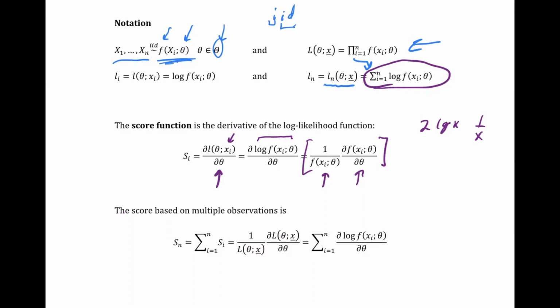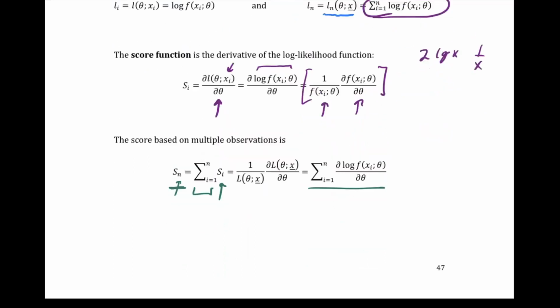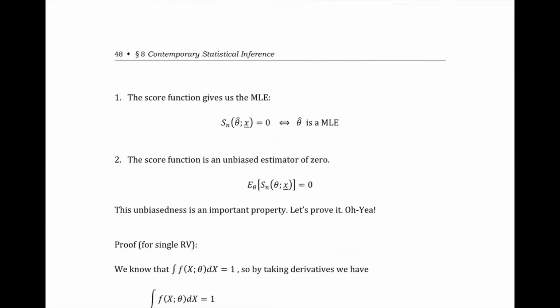So the score function for all n observations is the sum of the individual score functions, which you can just write out like this. Pretty straightforward. No big deal. All righty. Let's do the next page.